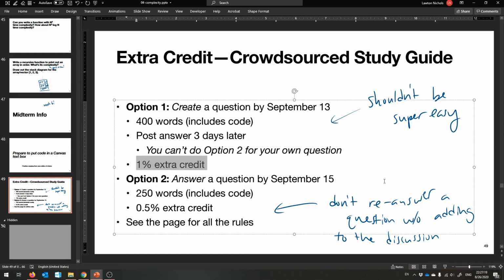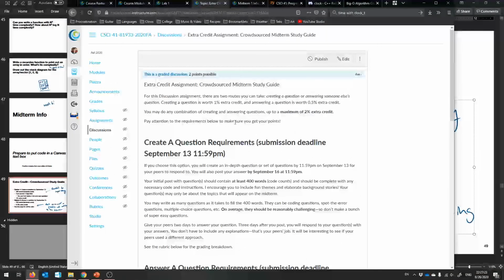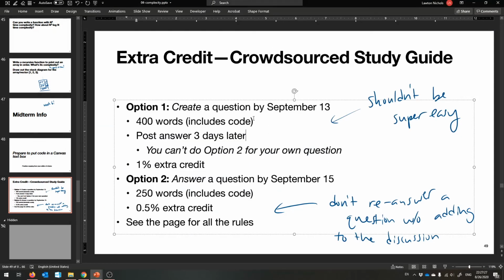The total, you can do as many of these up to a maximum of 2% extra credit. So you can make 2 questions if you'd like, or your option 2 is you can answer somebody else's question. You can click reply, and that should be 250 words, including code, and each answer will be 0.5% extra credit. All right, so that's the idea.